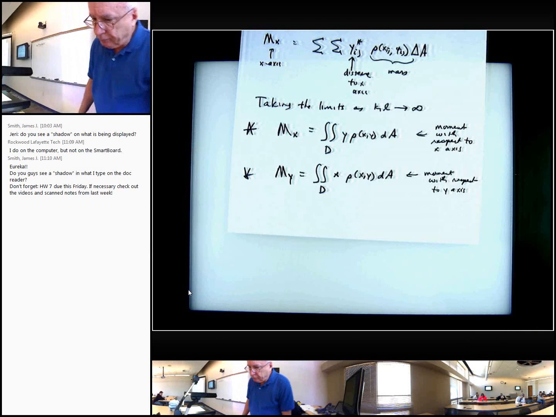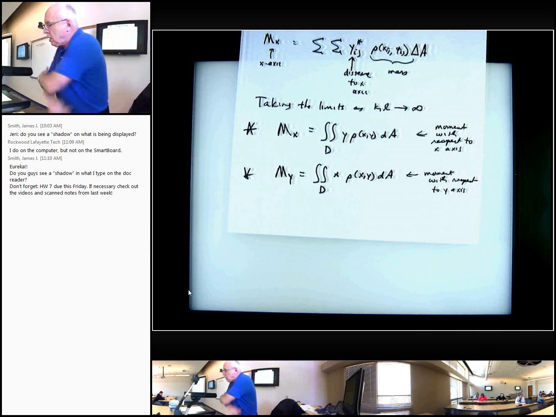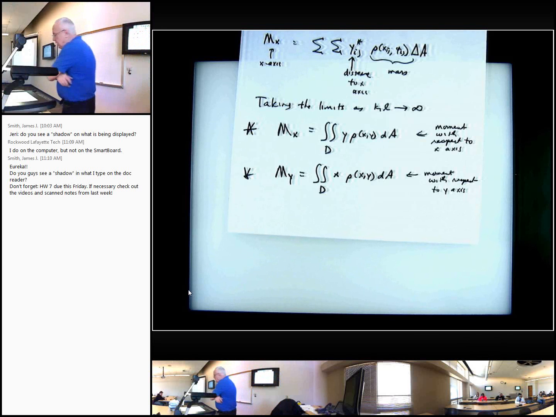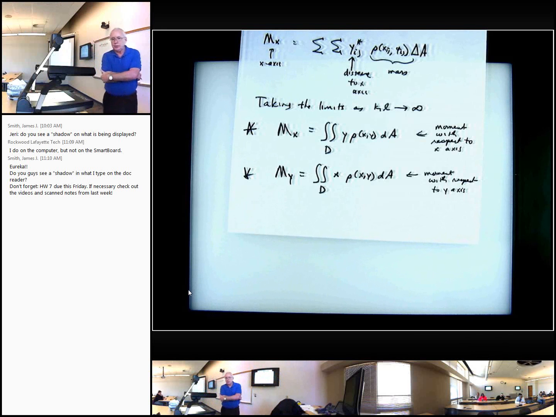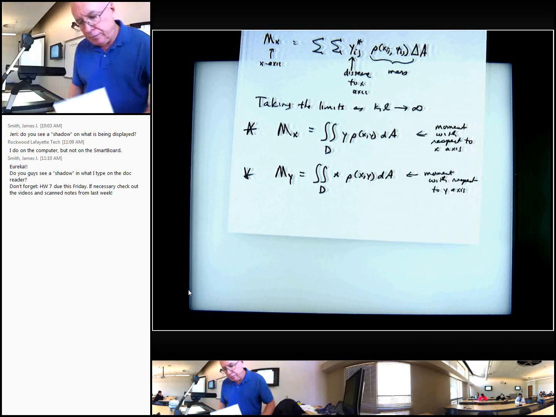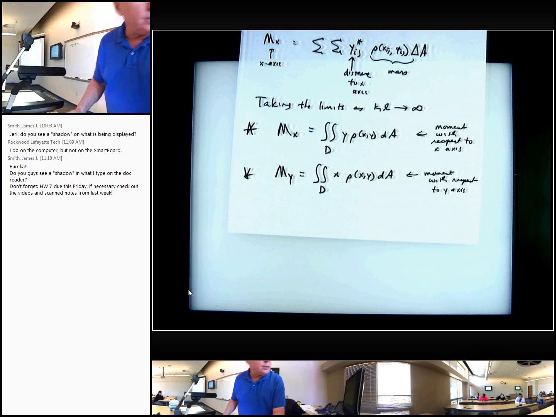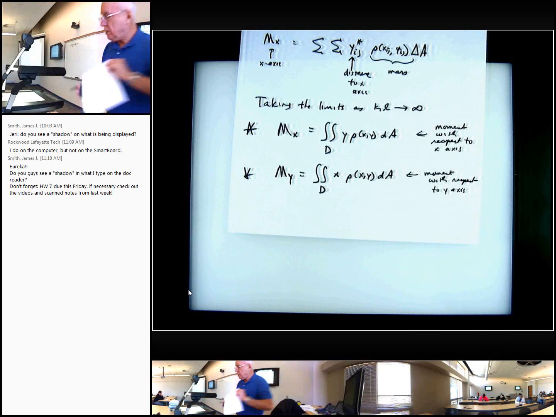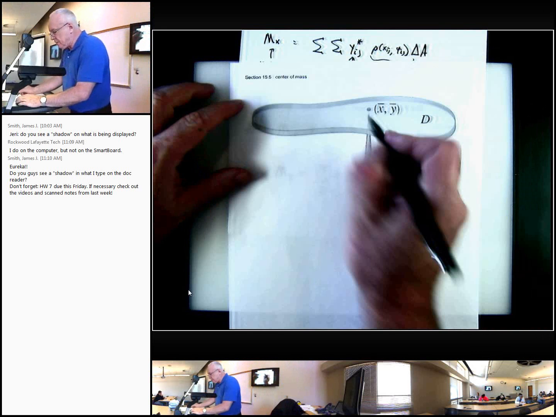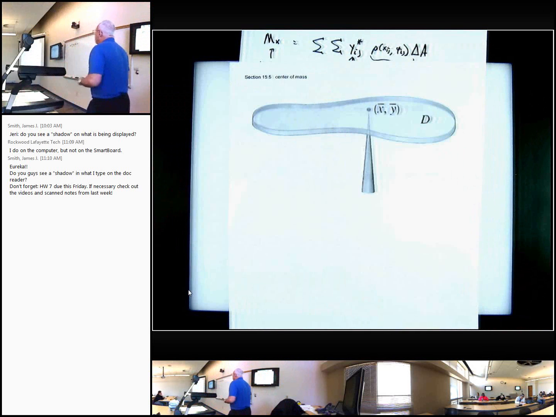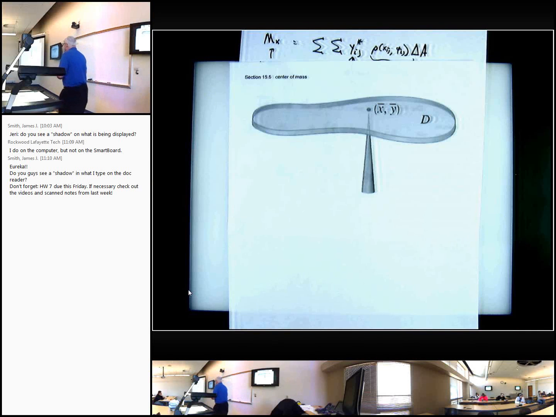Now, there's something called the center of mass of this lamina. Let me show you this diagram. So our lamina is something like this. It has variable density.